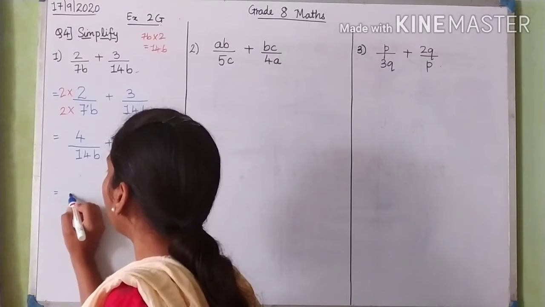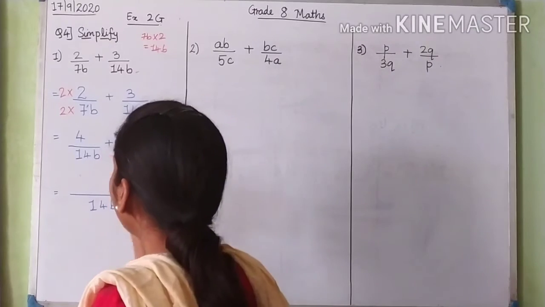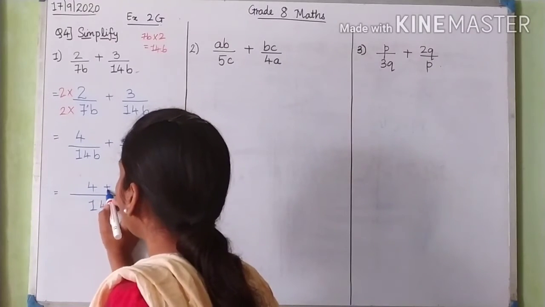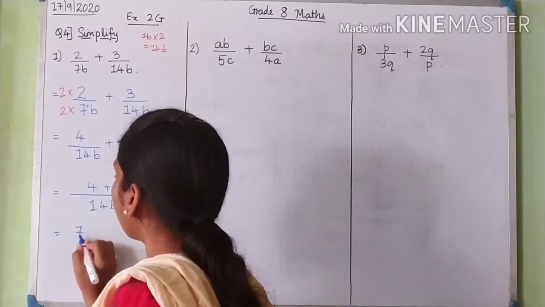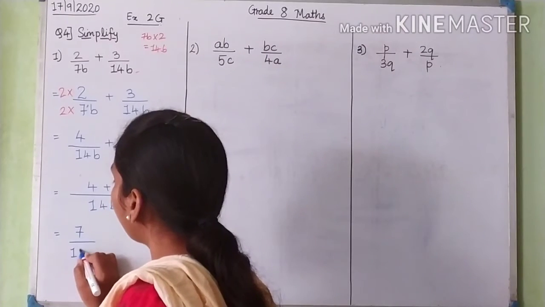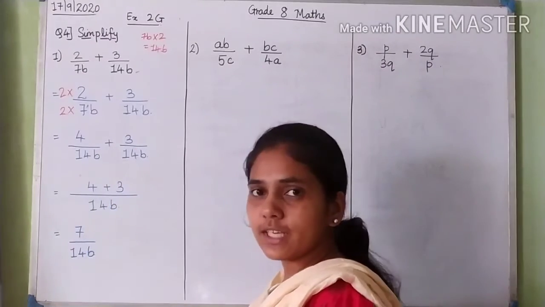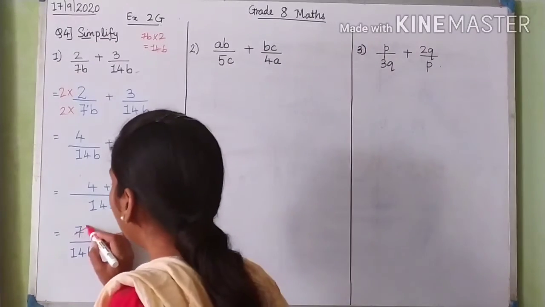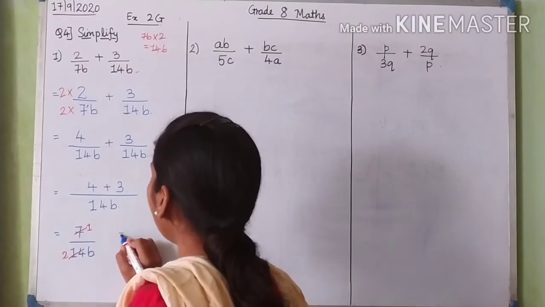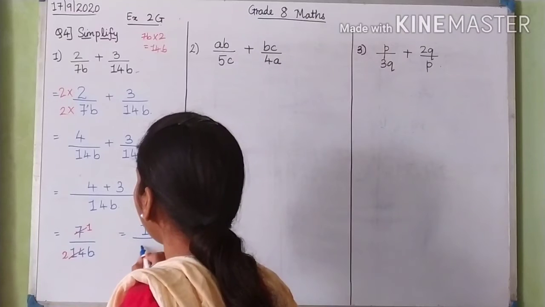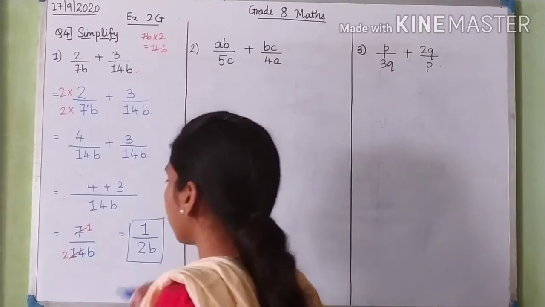Now both the denominators have become equal, 14b, and the numerators are 4 plus 3. What is 4 plus 3? 7. So we get 7 divided by 14b. Now we see that 7 and 14 can be divided. 7 ones are 7, 7 twos are 14. So we get 1 divided by 2b. So this is the final answer.